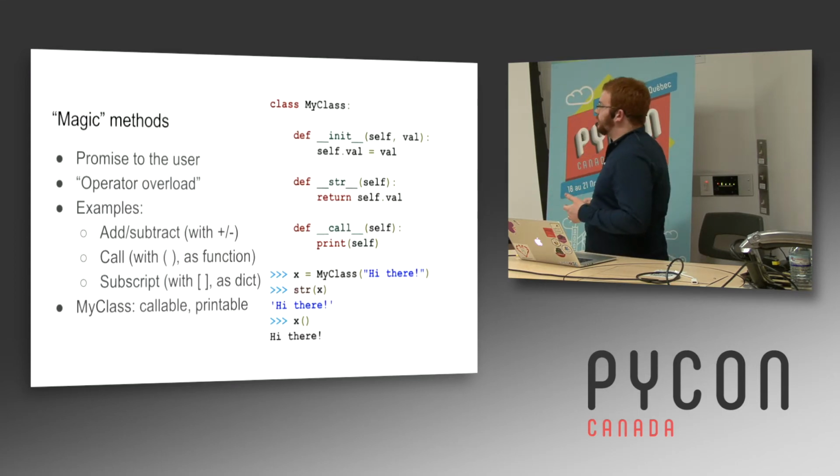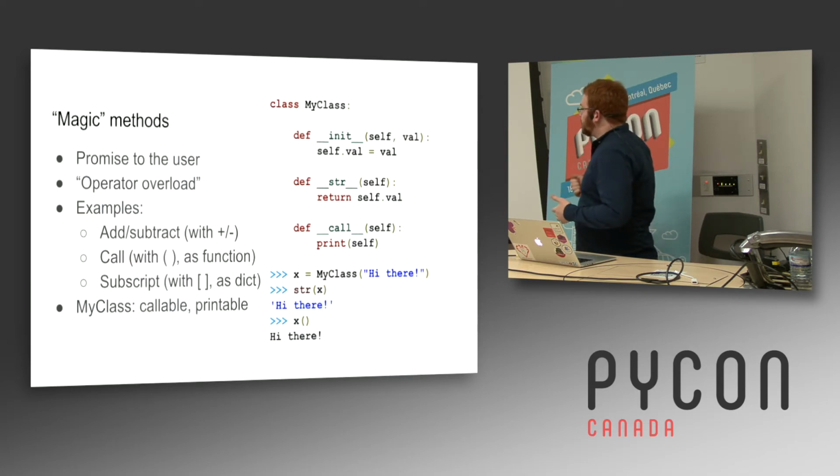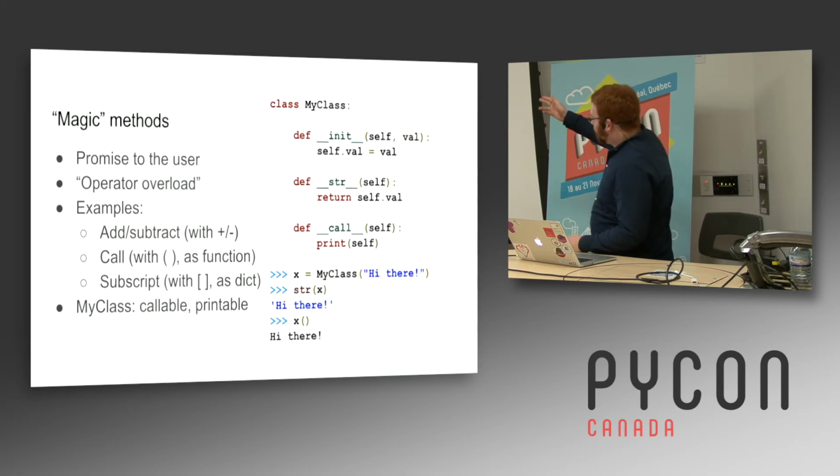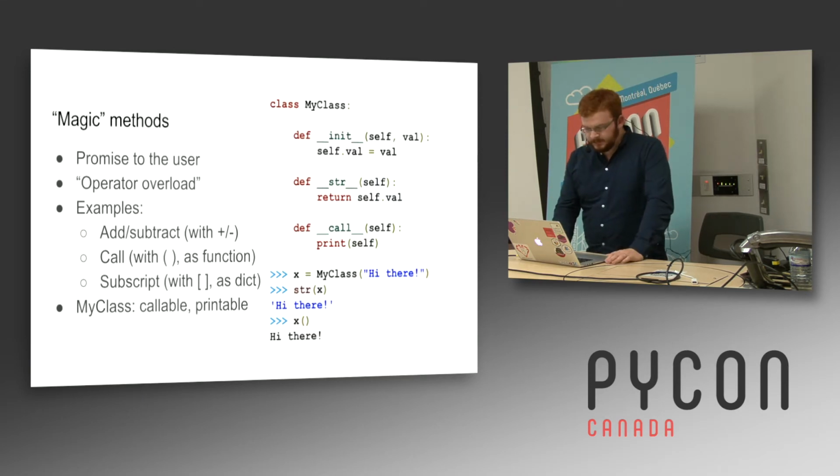And then what is inside each of those function blocks actually performs the behavior that is promised. So in the example down there, we initialize the class with the string hi there. We do the string function to convert it to a string and it just returns that value. And then we also call that object like it was a function, and you can see, as specified in the dunder call method, it just prints itself out to the command line.